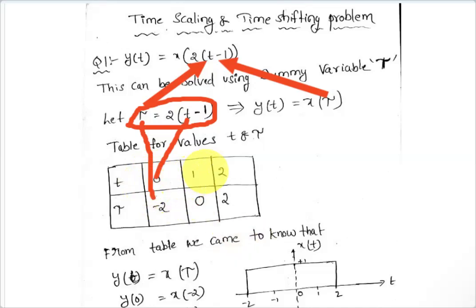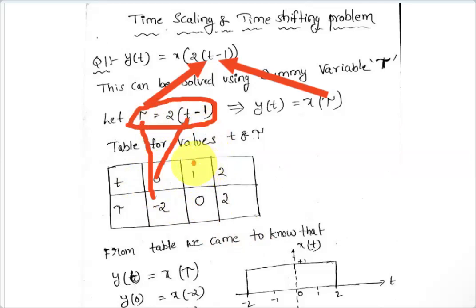If t value is 1, tau value will be, first substitute 1 here: 1 minus 1 is 0, 2 into 0 is 0, then tau equal to 0.